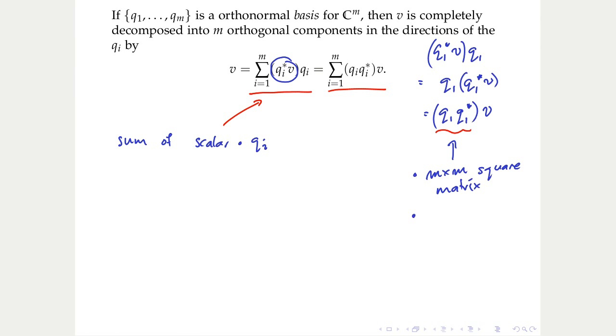It's rank 1. If we were to generate one of these, you'd notice that every row was a multiple of every other row. In fact, let's just do one. Oh no, let's not.